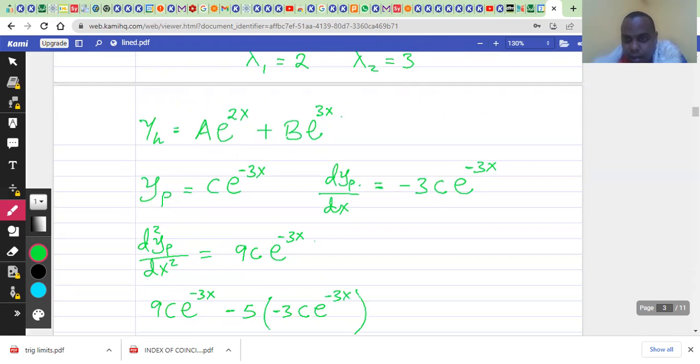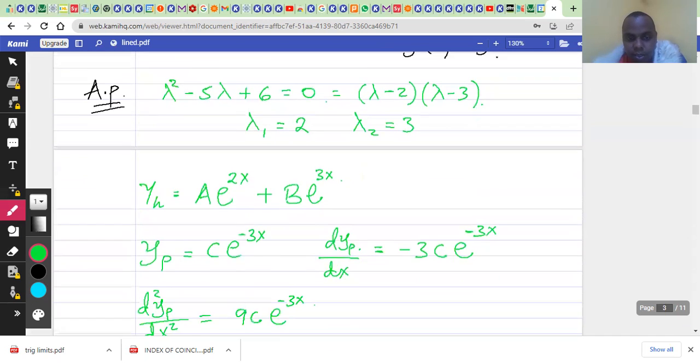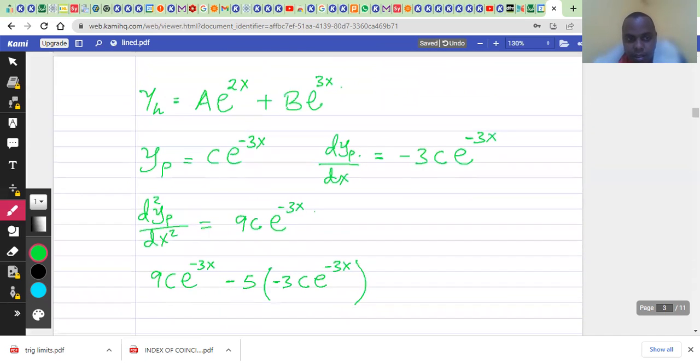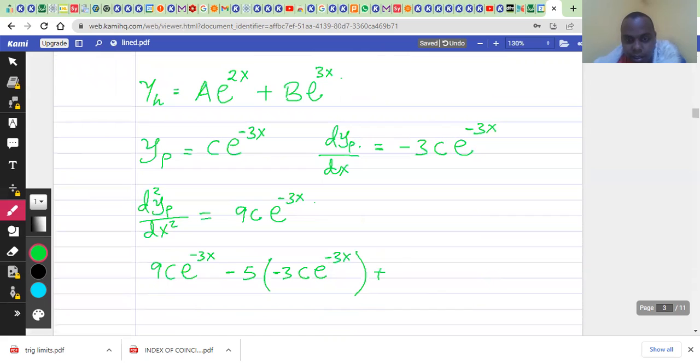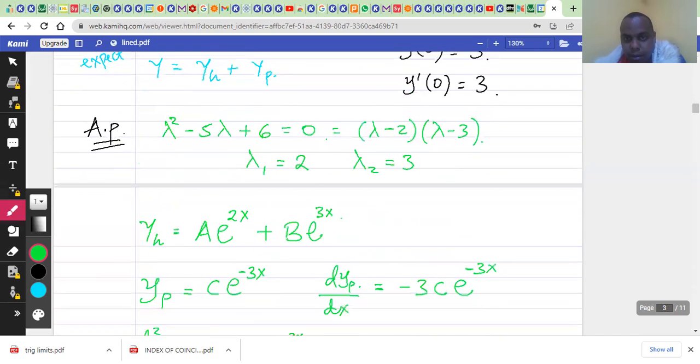And then we have 6y, so plus 6c exponential negative 3x.